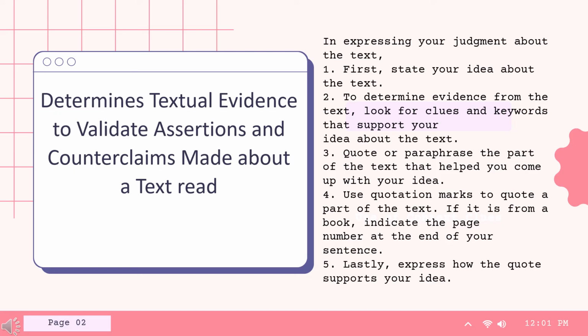Some students tend to indicate a quotation and then that's it. That's the quotation. Perhaps they think this one is a good quotation, so they feel that if they indicate it in their paper, their paper will also be good.